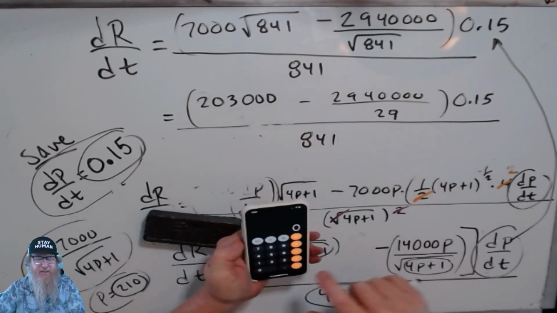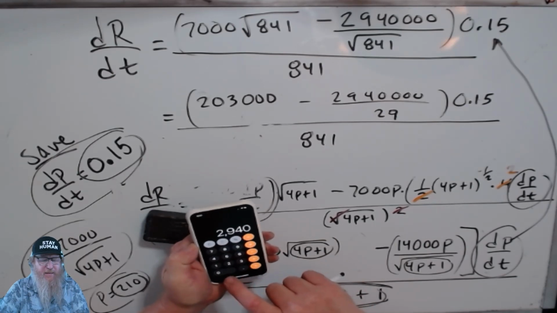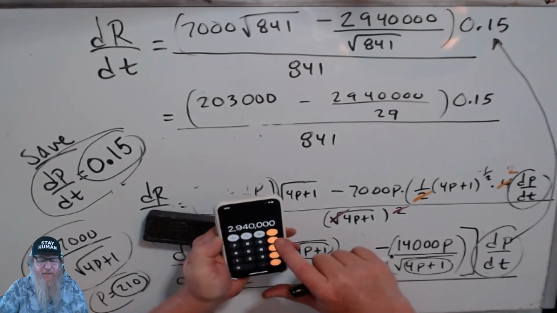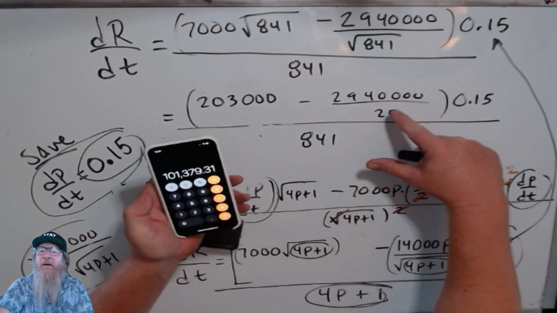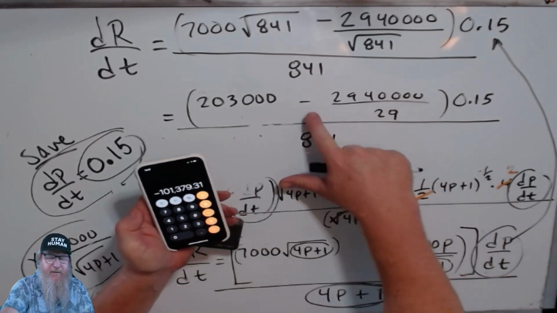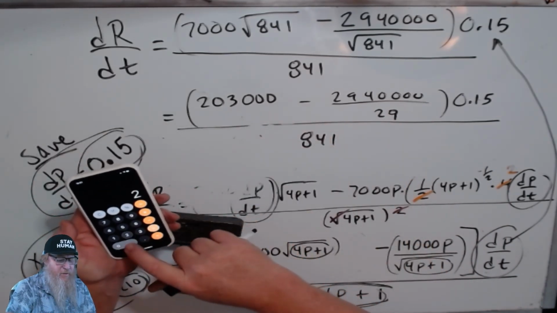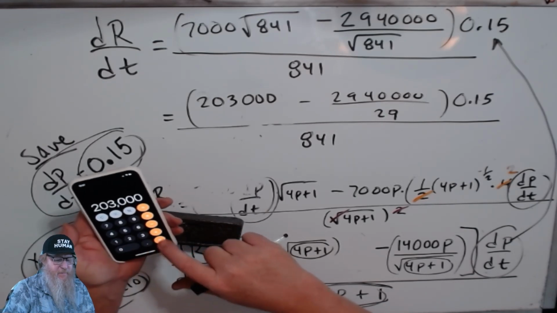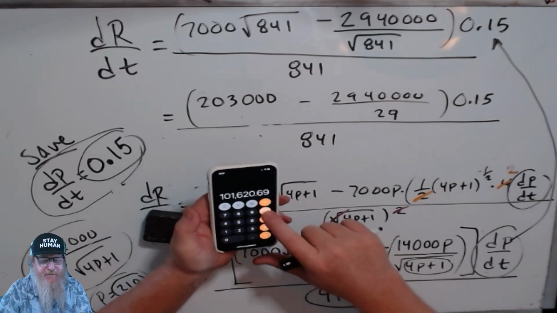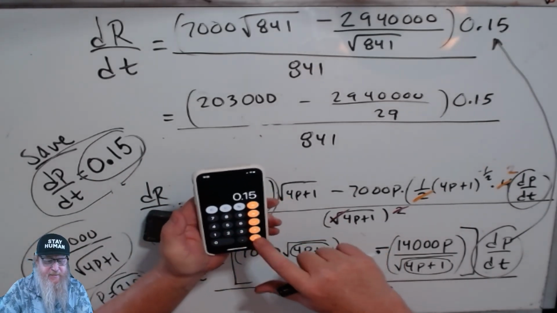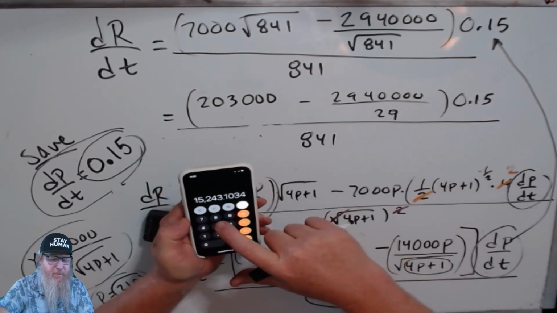That's going to make the rest of this a lot easier. So I've got 2,940,000 divided by 29. And then make that negative. And then add 203,000. And then multiply that times 15 cents. And then divide it by 841.